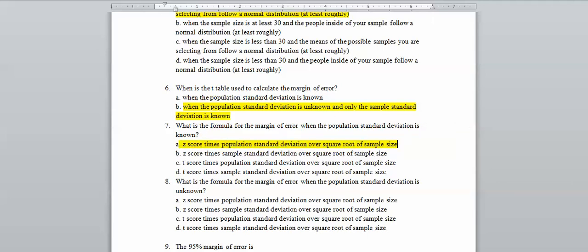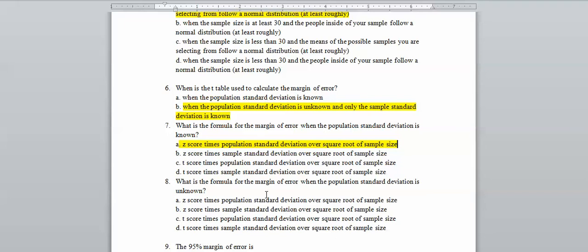The sample standard deviation would only be used when the population standard deviation is unknown, and you would use the sample standard deviation and the t-score in that situation.